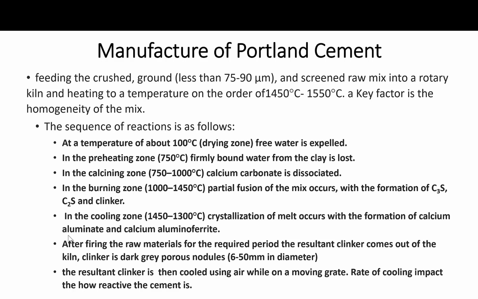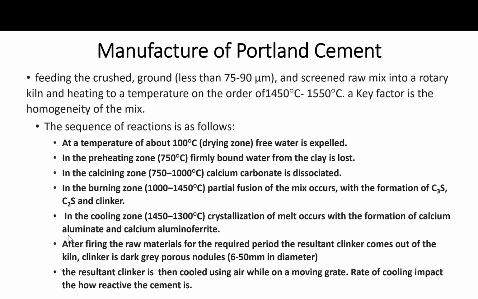In the burning zone, about 1000 to 1450, partial fusion of the mix occurs with the formation of C3S and C2S. In the cooling zone, from 1450 to 1300, crystallization of the melt occurs with the formation of calcium aluminate and calcium aluminoferrite.